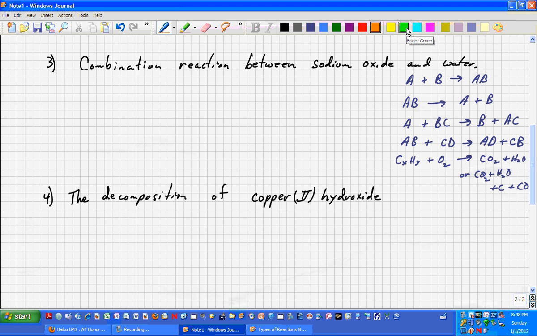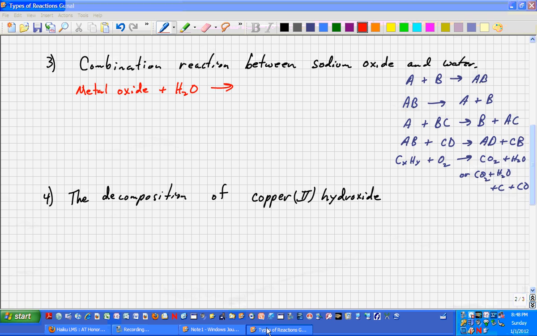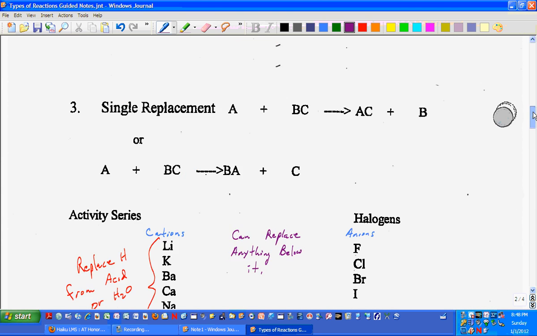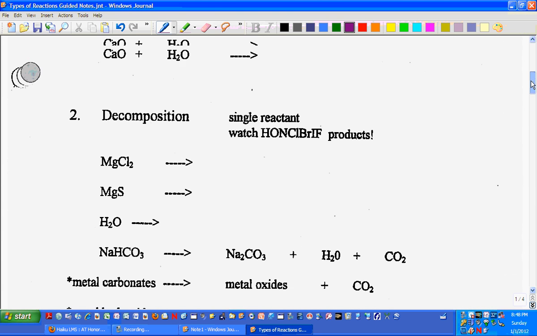Keep in mind with combination reactions, I've got a couple of specific or special ones. I've got a metal oxide and water will give me, well, let's go back and take a look at our types of reactions packet here.